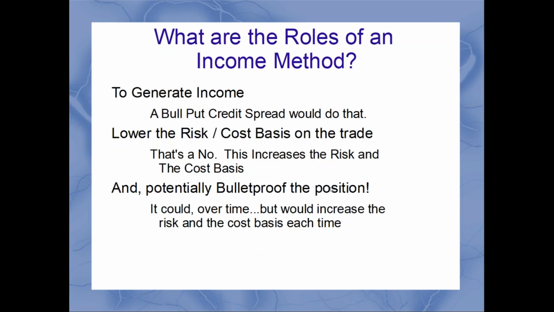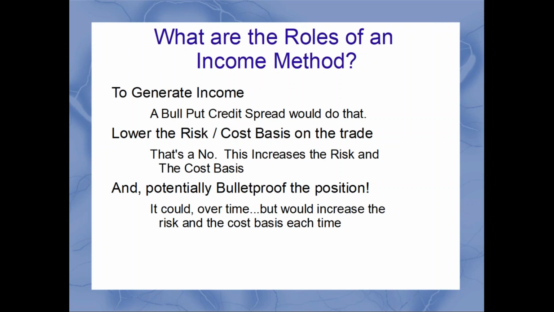And the reason why is that it doesn't satisfy the simple rules of an income method. Would a bull put credit spread in the nested structure of a married put generate income? Absolutely. We're going to sell a slightly out of the money put and buy a lower put. We're going to generate a credit that's taken into our account. It's going to reduce the cost basis and generate income.